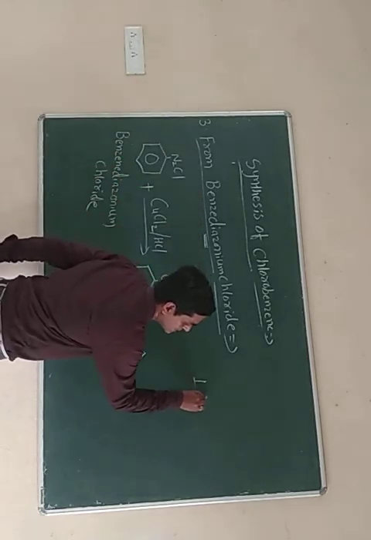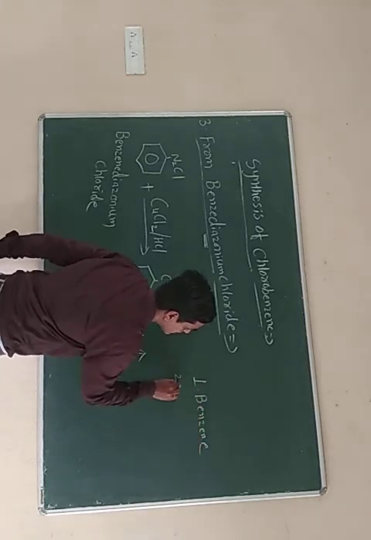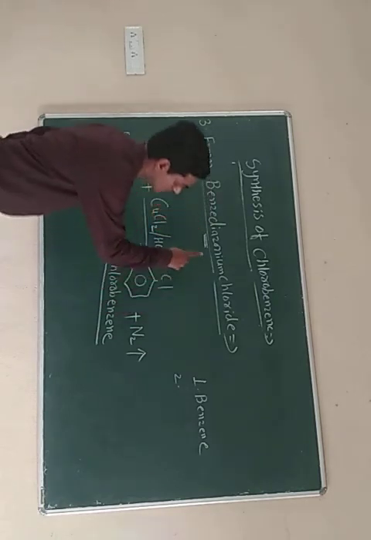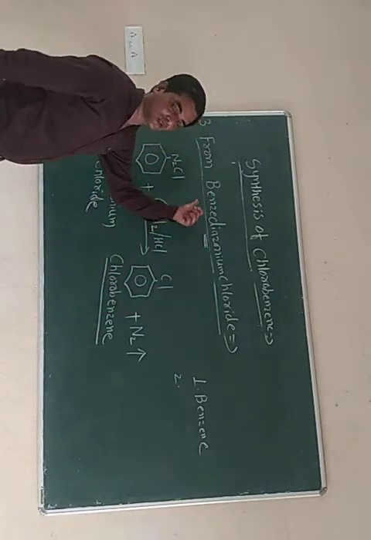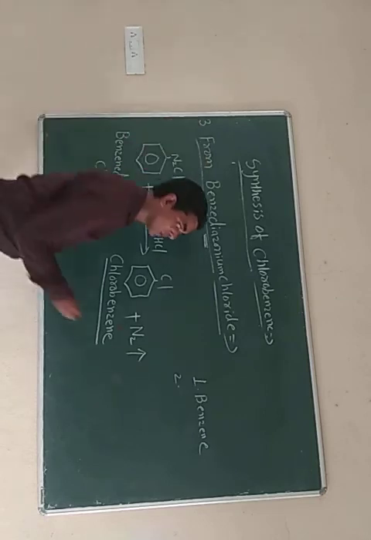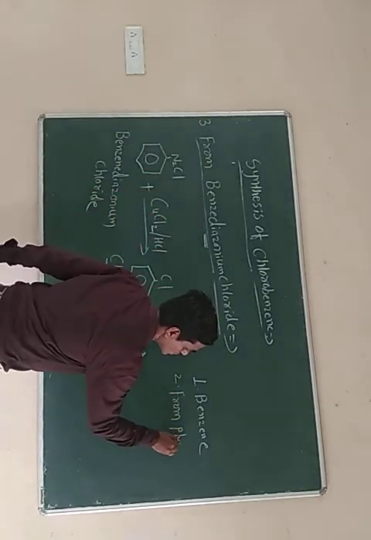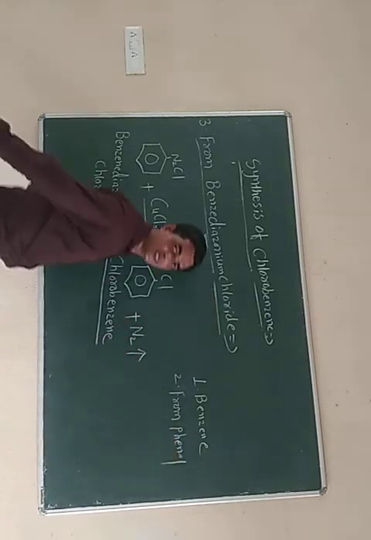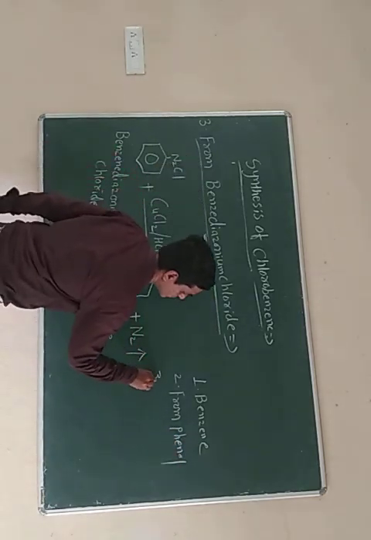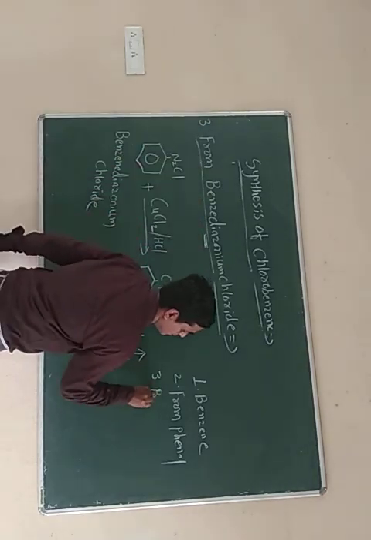So chlorobenzene can be synthesized from benzene first of all. Then from phenol also we can prepare chlorobenzene. And the last method is from benzene diazonium chloride.